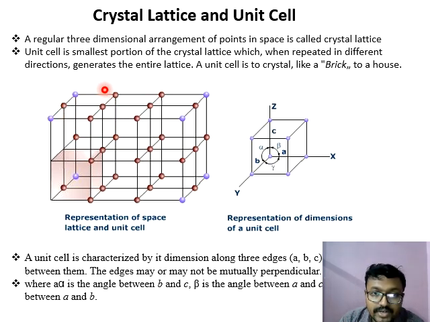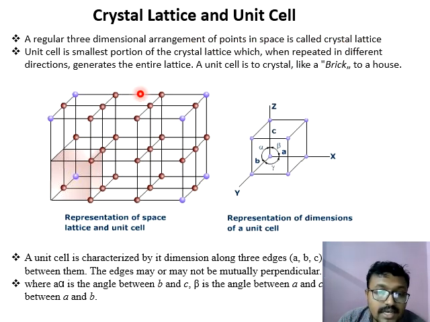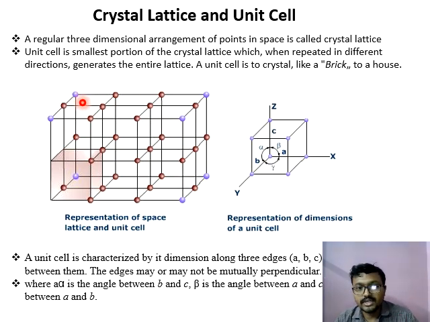So there is a definite arrangement of the atoms. A regular three-dimensional arrangement of points in space is called crystal lattice. A crystalline solid has atoms, and these atoms are arranged in a proper way. This arrangement of atoms is called crystal lattice.